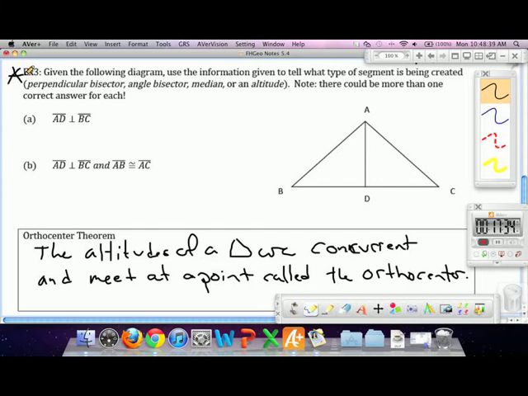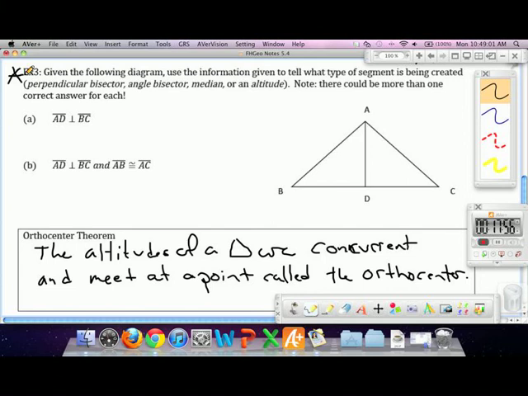I'm going to give you some information about the triangle, and we're going to decide which of those 4 created segments that we've had so far, perpendicular bisector, angle bisector, altitude, or median, our drawn-in segment is forced to become, based on the information we're given. We'll start with this first guy.